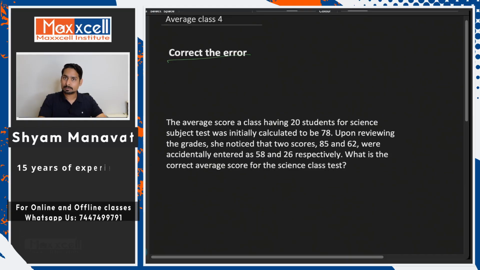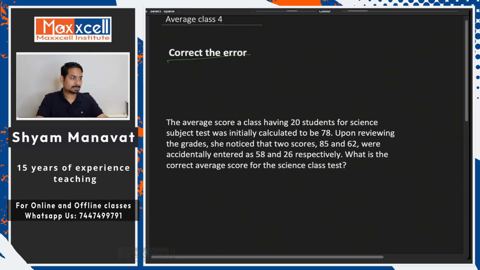So let me read one question for you and then make you understand what's happening here. The average score of a class having 20 students for the science subject was initially calculated as 78.